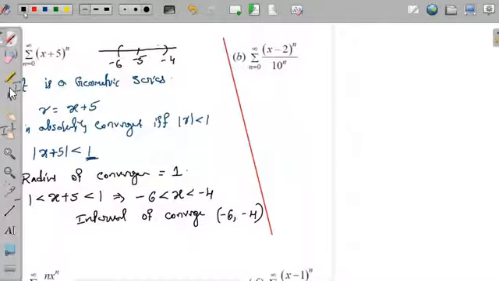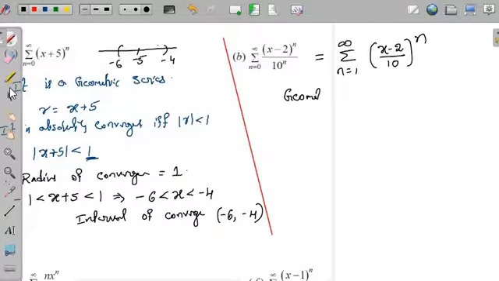So yeah, this is also a geometric series if you observe. Why? Because this one can be rewritten like this: summation n equals 1 to infinity of x minus 2 by 10, whole power n. Okay. So it's clearly a geometric series.